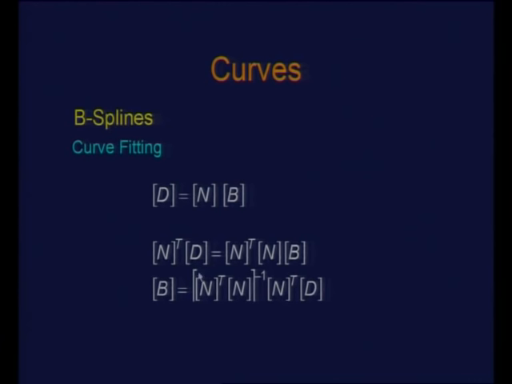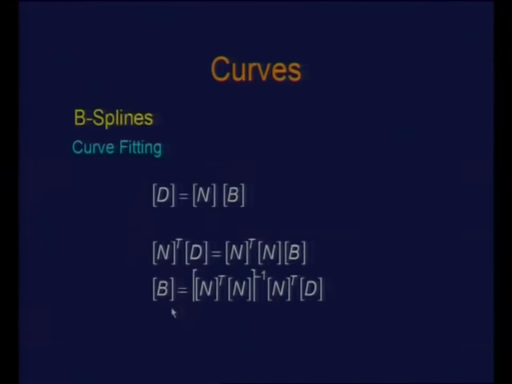So, the resulting B spline which I would obtain using this pseudo inverse solution would not pass through exactly the data points. It will be very close to the data points and may pass through some of them, but may not pass through all the data points.